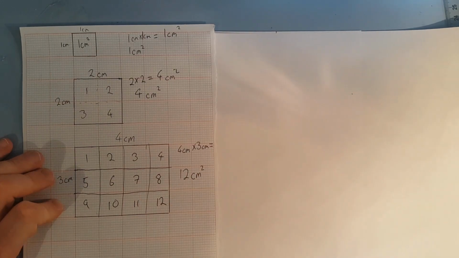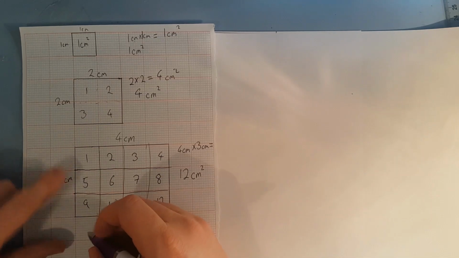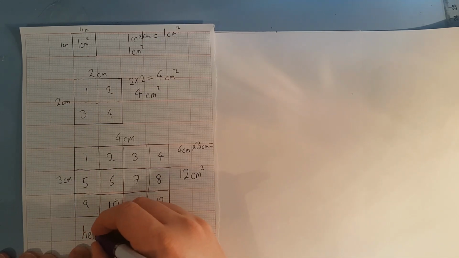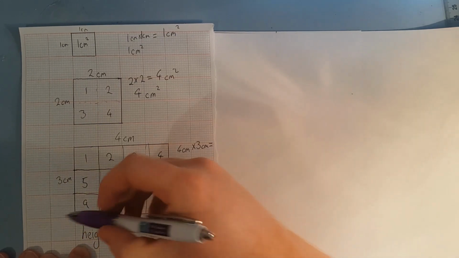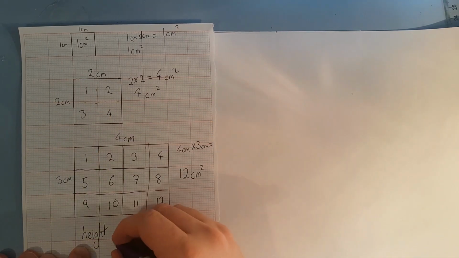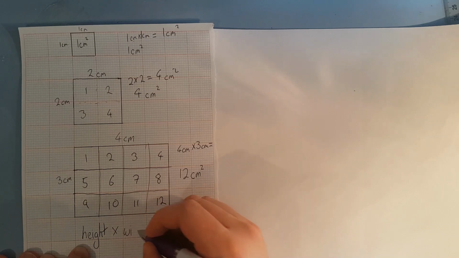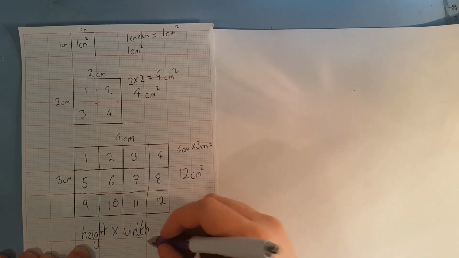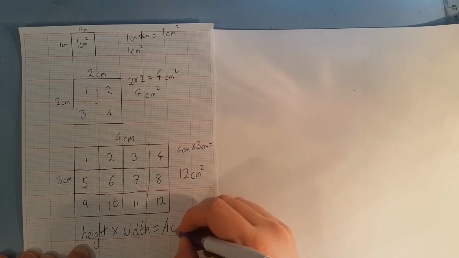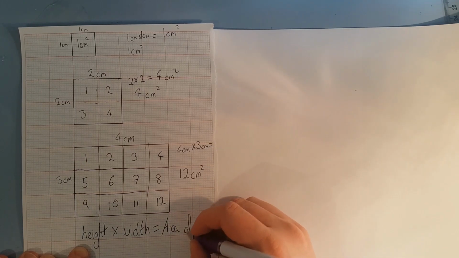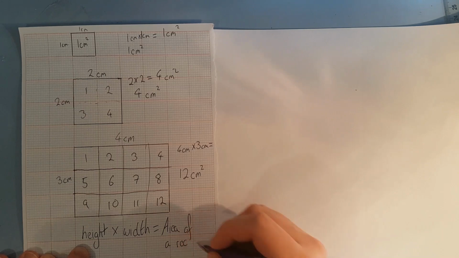We have a formula. We have a way of doing this. That if we just take the height, okay, so 3 centimeters for this one, and multiply it by the width, then it'll end up equaling the area of a rectangle.